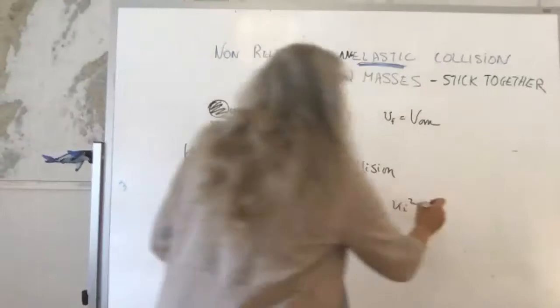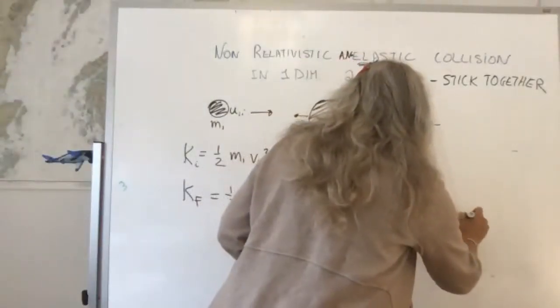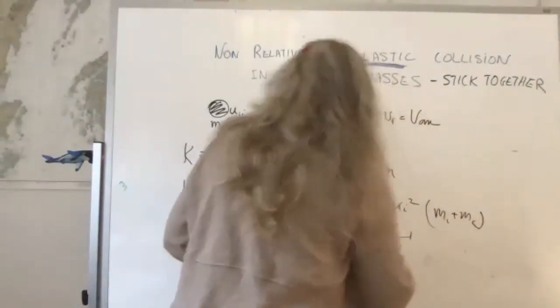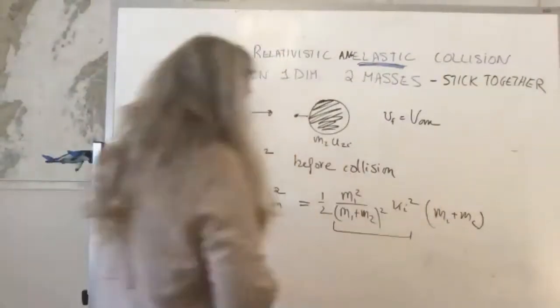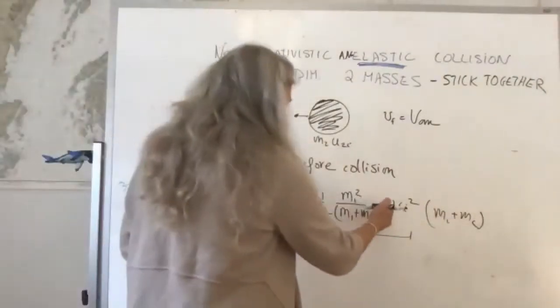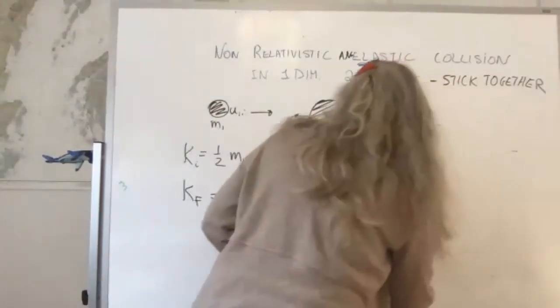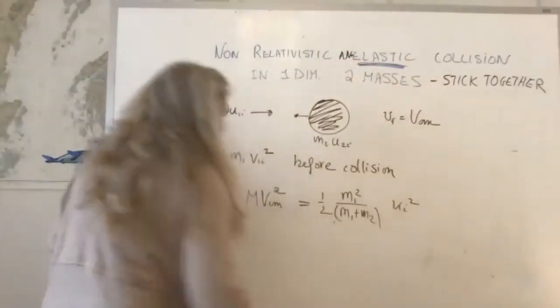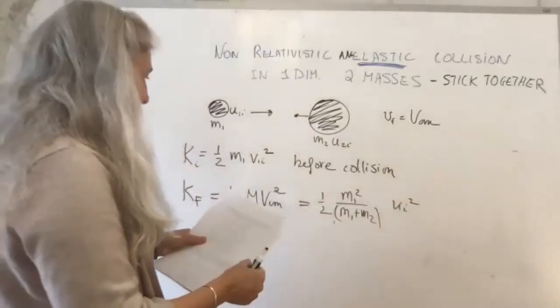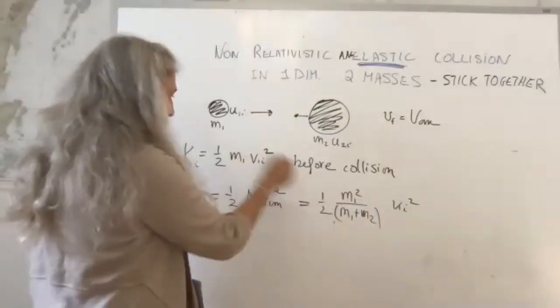Oh, right, I have to multiply by M1 plus M2, because this is the total mass times V center mass squared. So this cancels off that. Does that look right? Yes, that looks good. And this should be smaller than that.